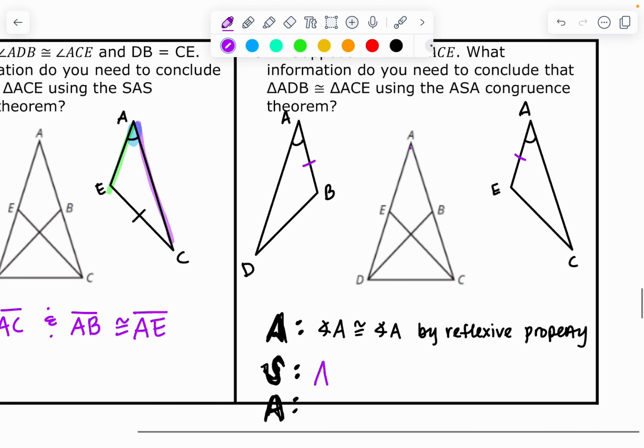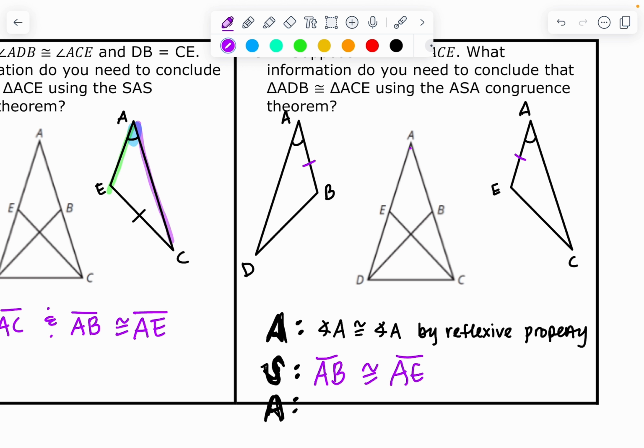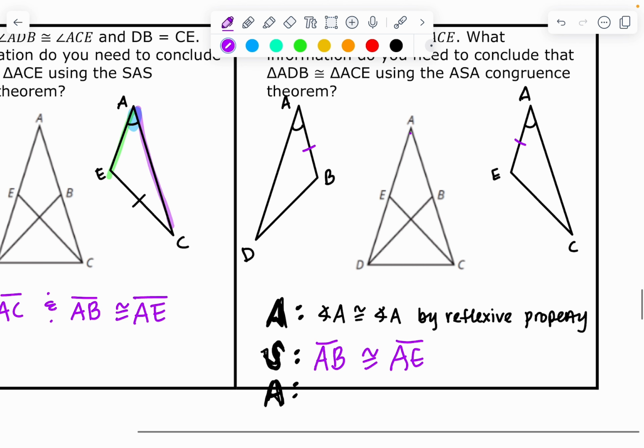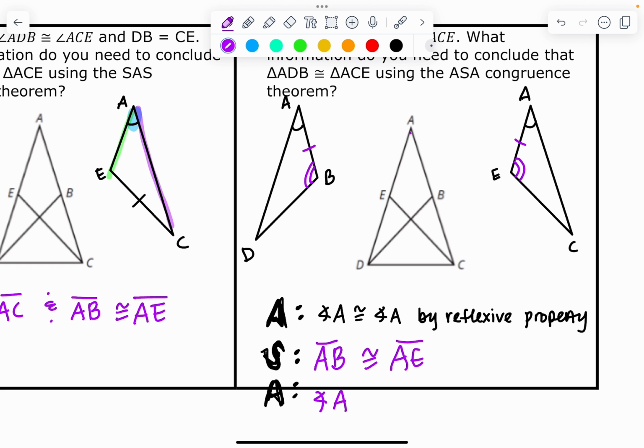So that would mean AB is congruent to AE. And then for the next angle, we would need this one and this one. So angle ABD would have to be congruent to angle AEC. So these two bits of information could be used.